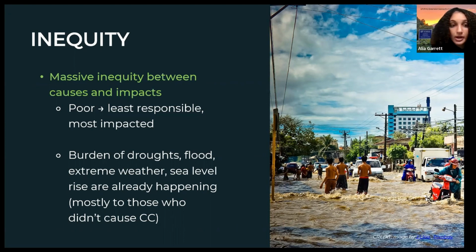They have the burden of drought, flooding, extreme weather, sea level rise, and it's already happening, especially to the countries and people who mostly don't cause climate change. So for people facing financial hardship, they are not contributing to fast fashion, to consumerism, driving cars, generally. Yet they're living in places that often have droughts and floods and things that they cannot escape and have to deal with.